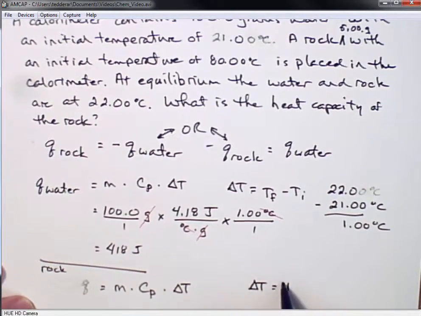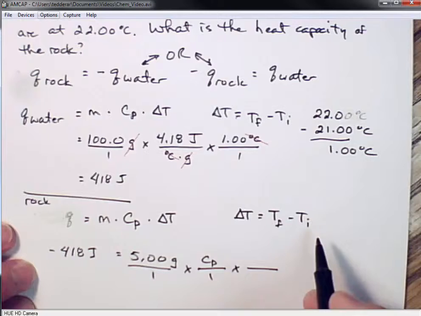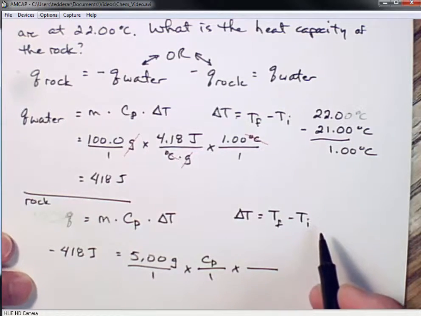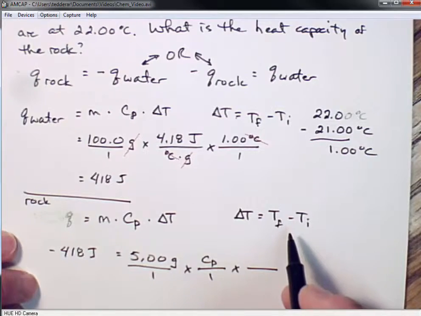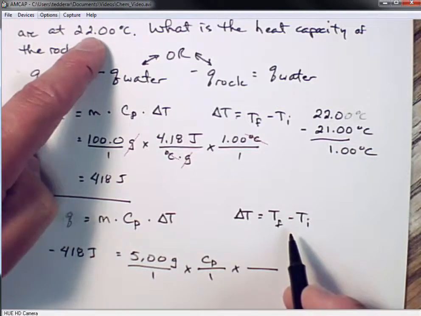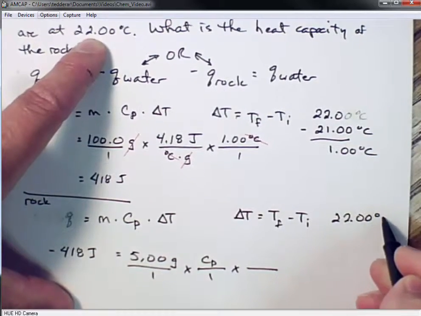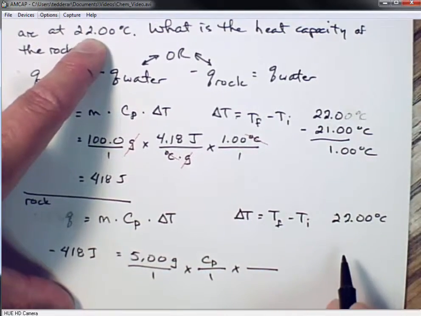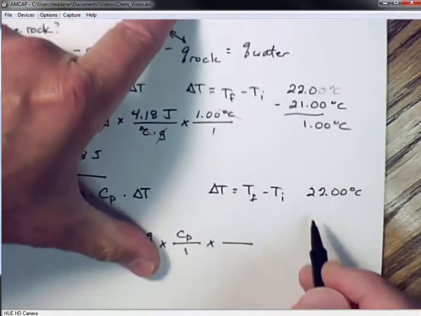Change in temperature: temperature final minus temperature initial. The final temperature for the rock is the same as the final temperature for the water because the water and rock are at equilibrium. So the final temperature is 22 degrees C. The initial temperature of the rock is 80 degrees.